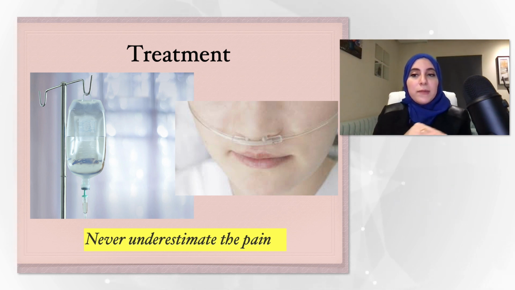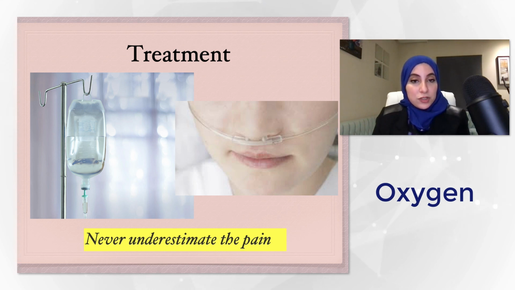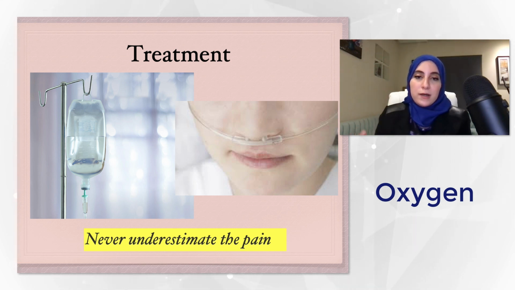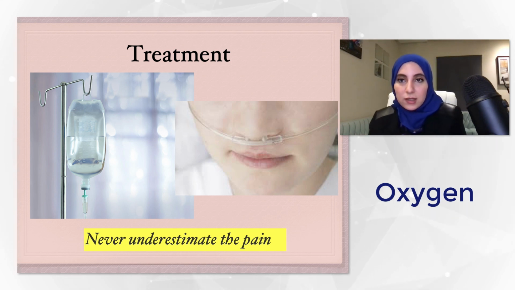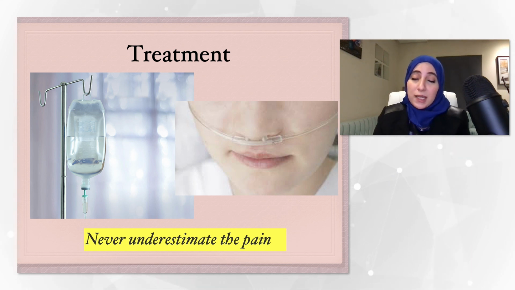You just need to give them their maintenance rate. And if they're having low oxygen, which is less than 95 on room air, you have to give them supplemental oxygen. This sums up how to manage a vaso-occlusive crisis, which is one of the main and most common complications of sickle cell disease.